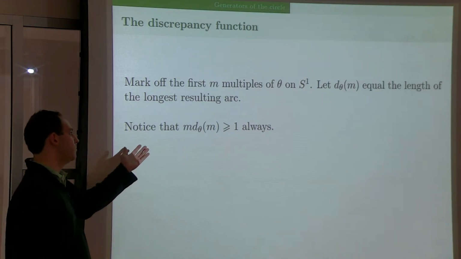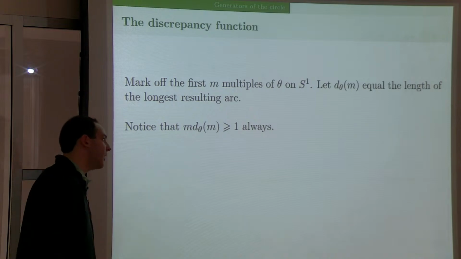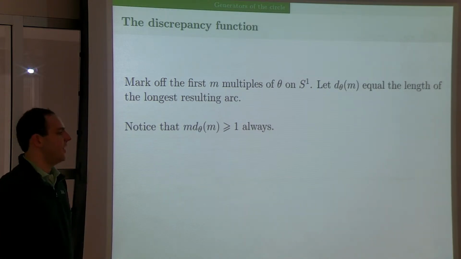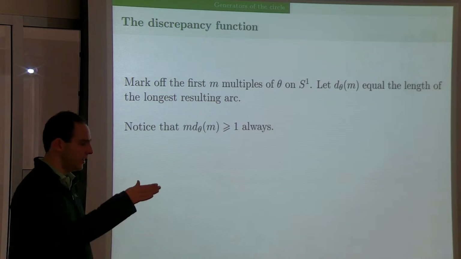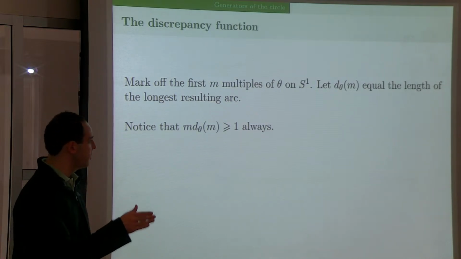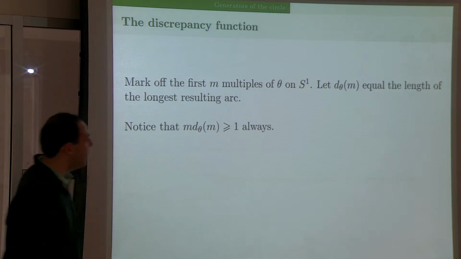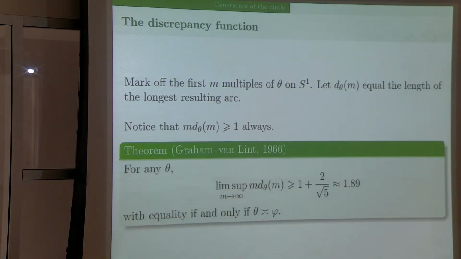And so their total has to be 1, so this has to be at least 1. And if we had some magical number that always marked off exactly equal intervals, this would be an equality. We can't get equality, but we can actually quantify the extent of the failure.